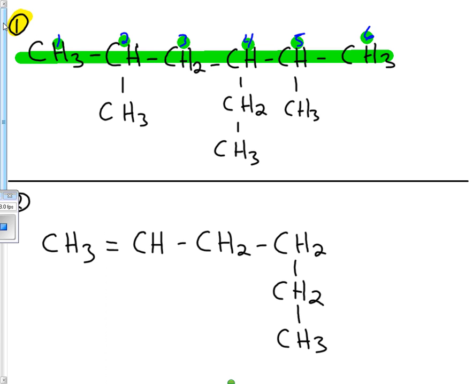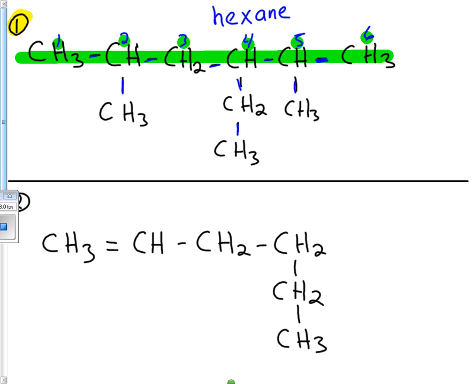So that's where we're starting. We're naming our parent chain. We'll start with hex. And if we look at all of our bonds here, all of our bonds are single carbon bonds. Excuse me. They're all single bonds, so that's part of the alkane series, so we'll give it an A, N, E ending.